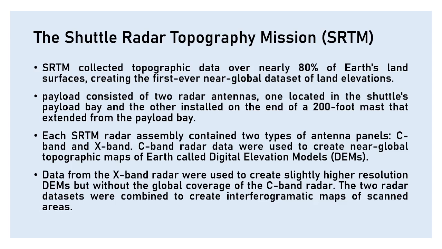One radar antenna is located in the shuttle's payload bay and the other is installed on the end of a 200-foot mast that extended from the payload bay. So basically you have antennas at two different positions that receive the signal.